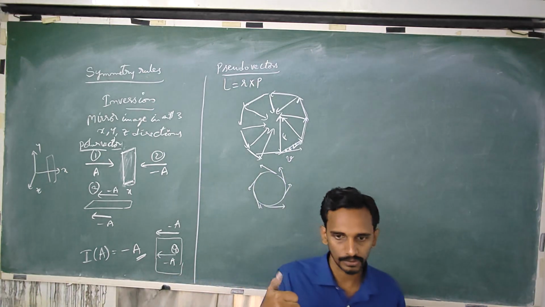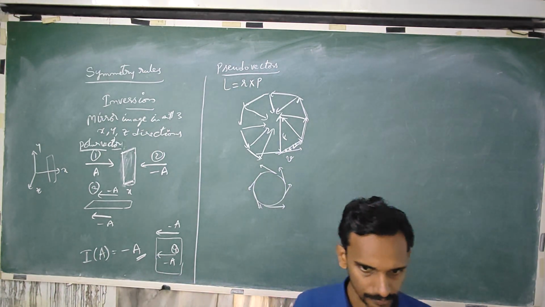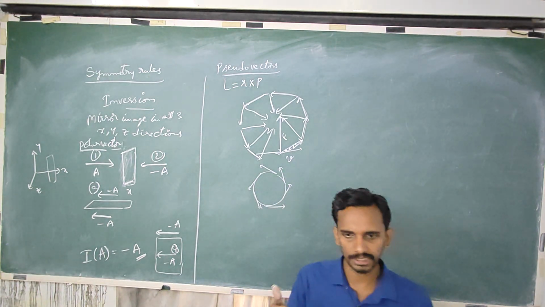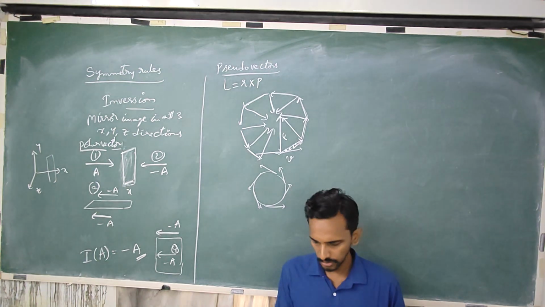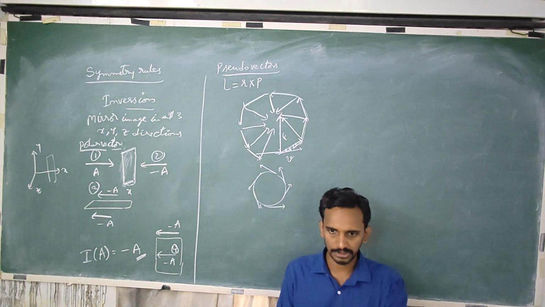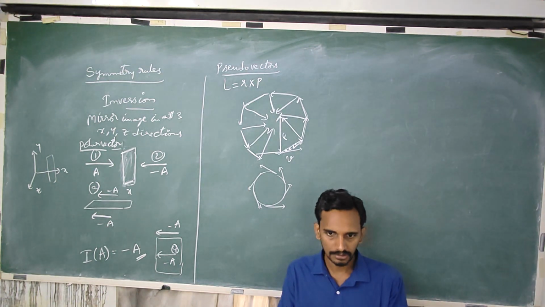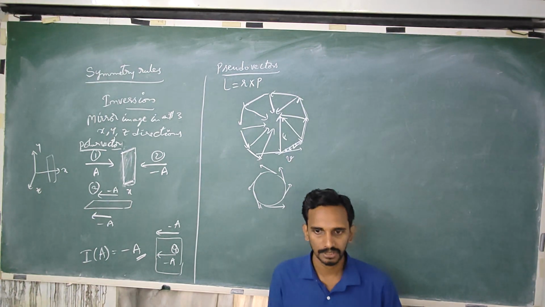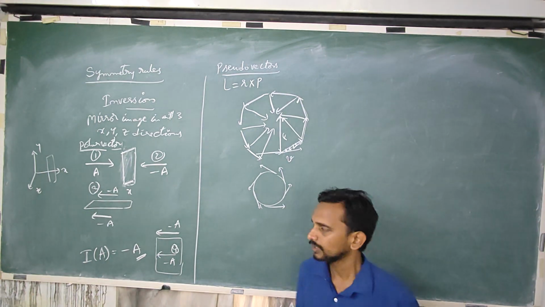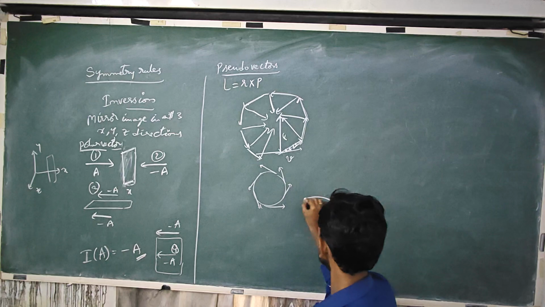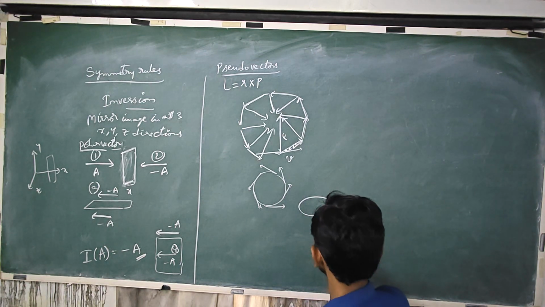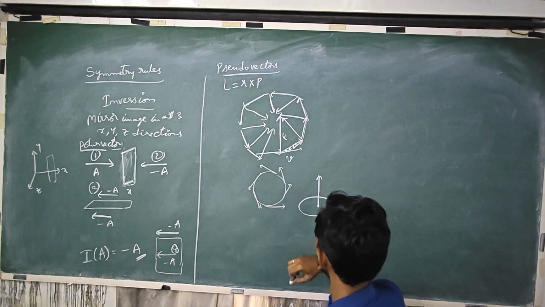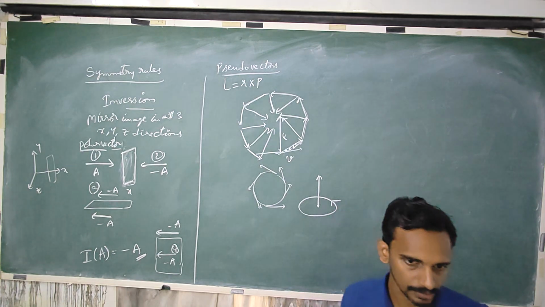One is the right hand thumb rule, another is the left hand thumb rule. The most common convention is the right hand thumb rule. If the direction of motion is represented by the curl of your fingers, the direction of the vector is along your thumb. So if the object moves in an anti-clockwise direction, the vector is represented perpendicular to that.